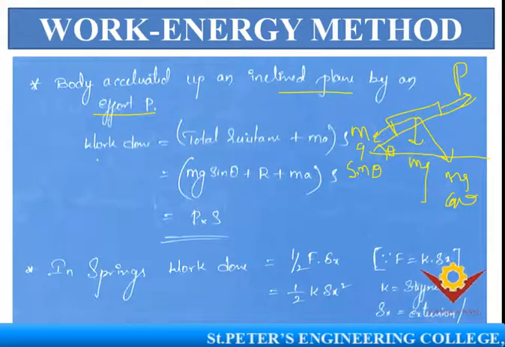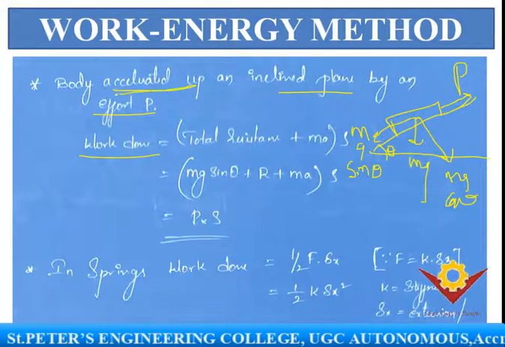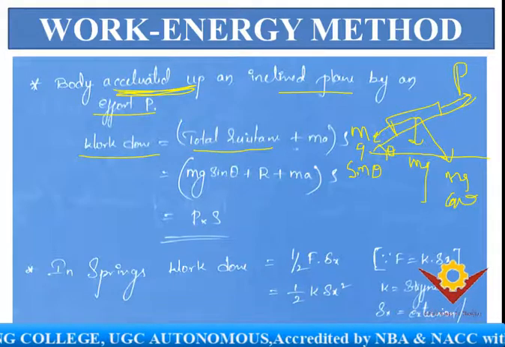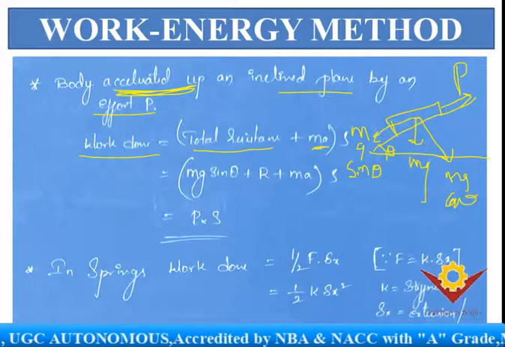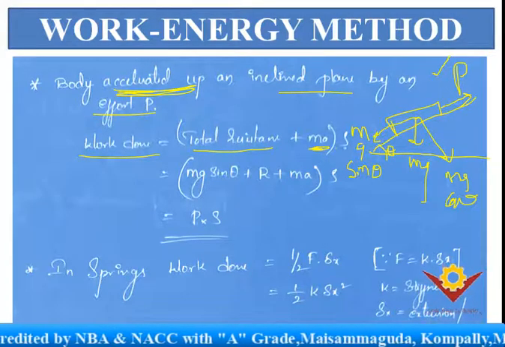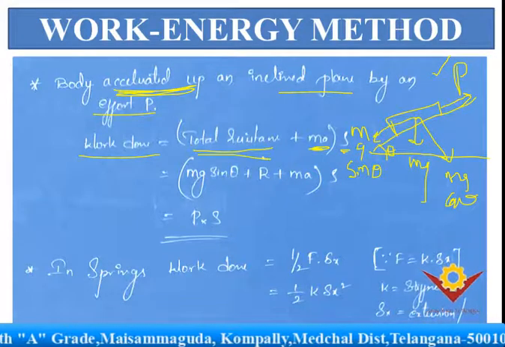Now what will be your work done? See, it is accelerating, that means it is moving, right? So the total resistance plus ma, the force, which is nothing but your effort or force, into displacement or distance. What is your total resistance?